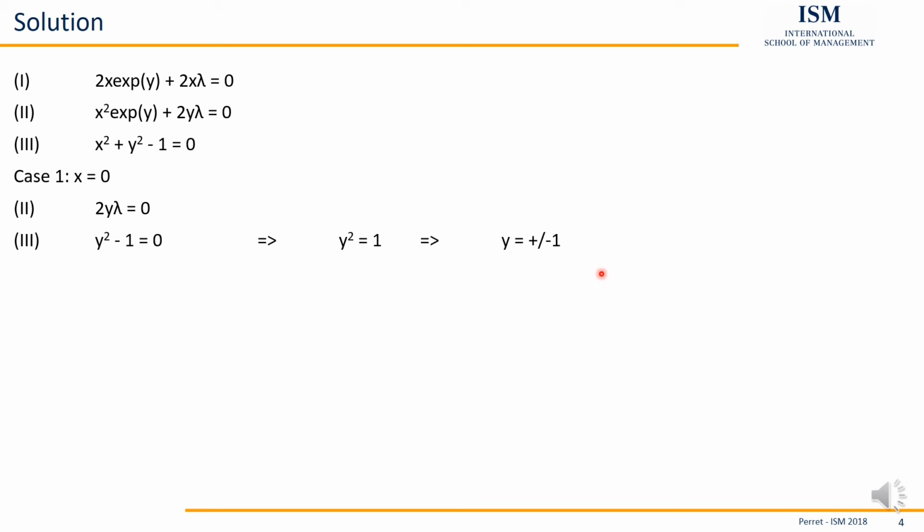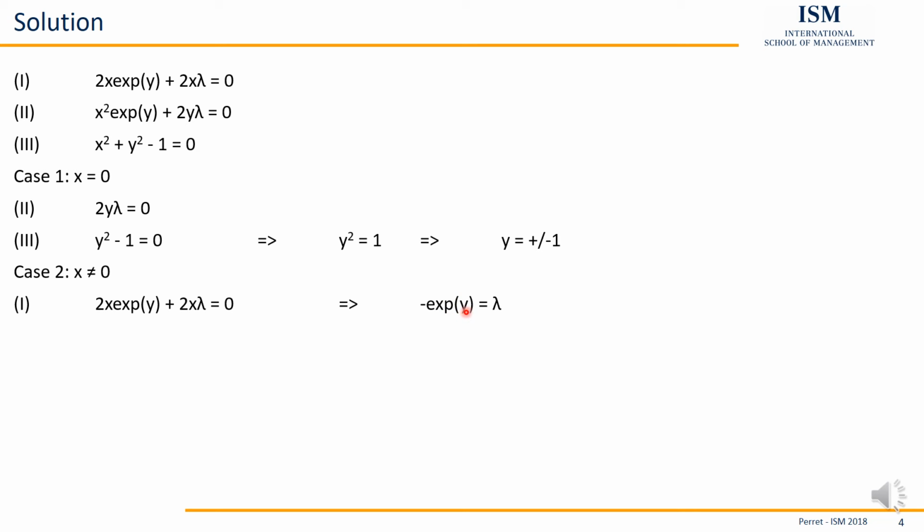Now we consider the second case. What if x is different from 0? In this case, I can divide by 2x, meaning I get a simplified version of the first constraint of just x of y plus lambda. Then I can just bring the x of y to the other side, making it look like this.